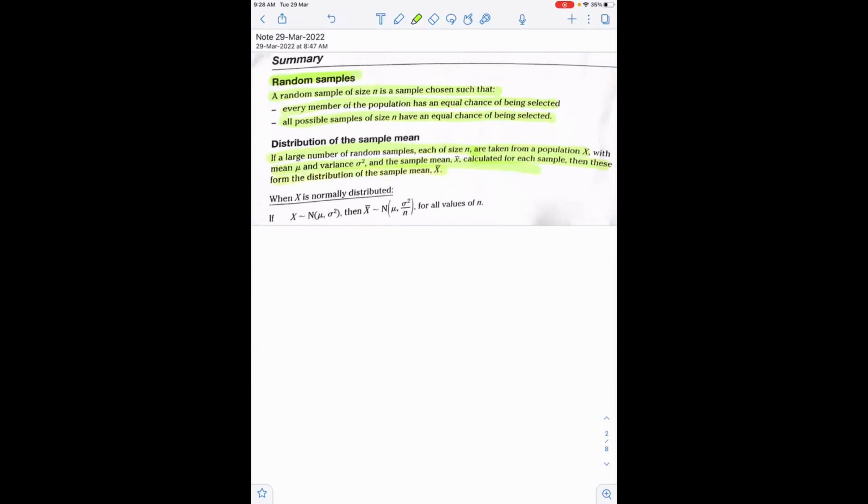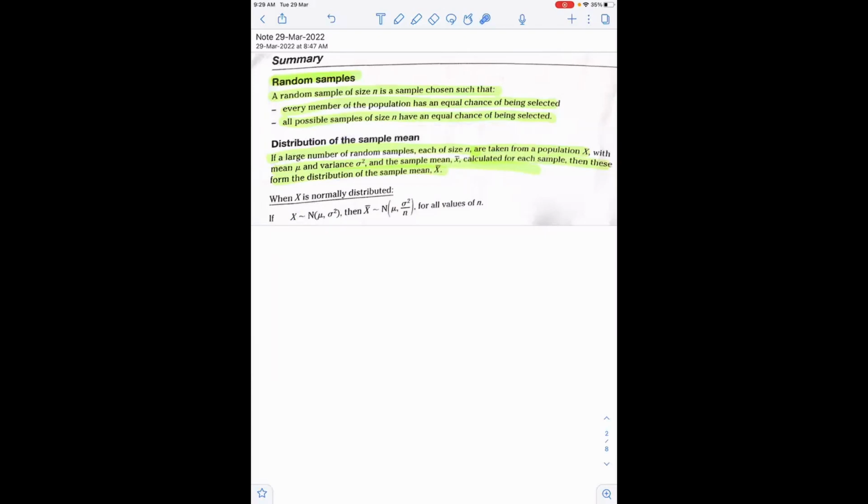Out of this distribution, you can find the mean and the variance. The mean of the sample mean is going to be the same as the population mean, but the variance of the sample mean will be the population variance divided by the sample size. This we've done already.